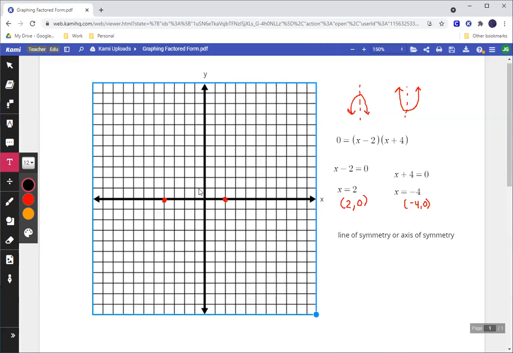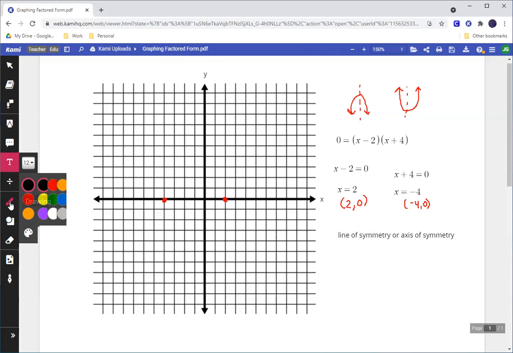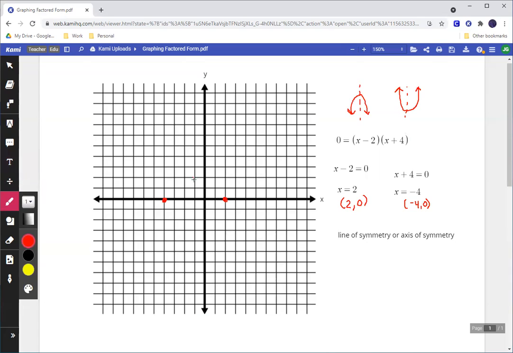What this allows us to do is find that center axis of symmetry, which we see here is at x equals -1. And since we know x equals -1 is the center of the parabola, we can use that to find the vertex, the turning point, because the vertex is also in the middle of that parabola.